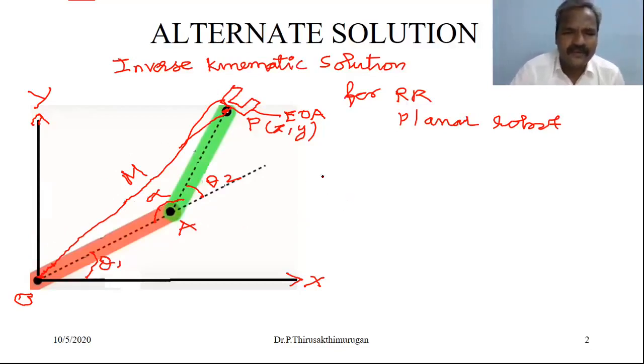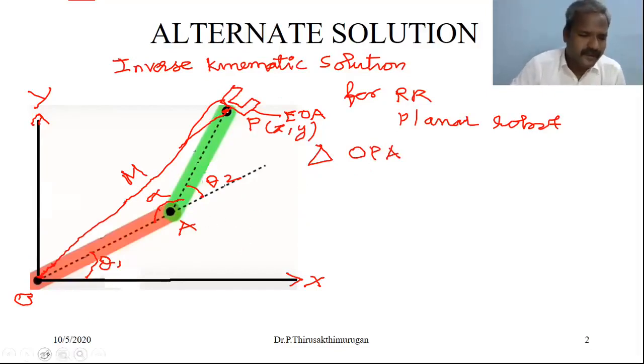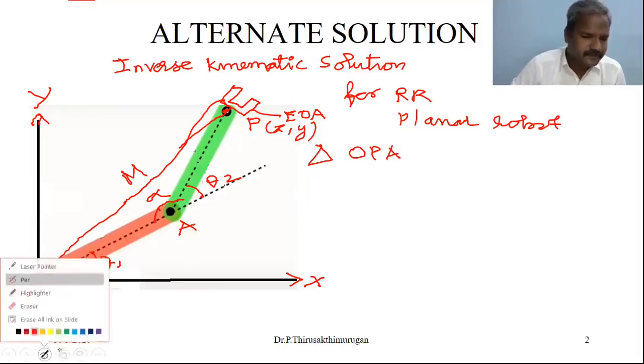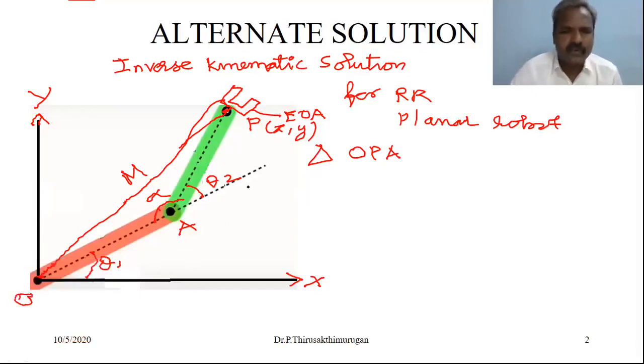Okay. So I am going to apply the cosine rule in the triangle OPA or OAP. You know what is cosine rule?